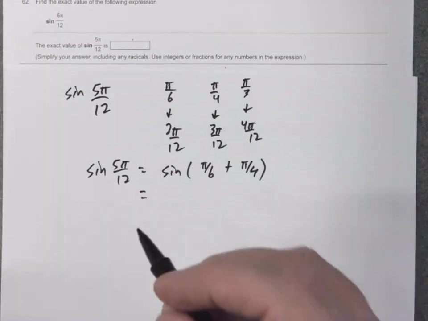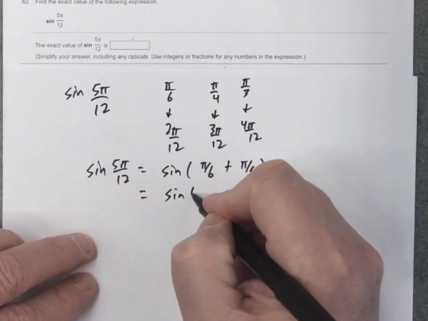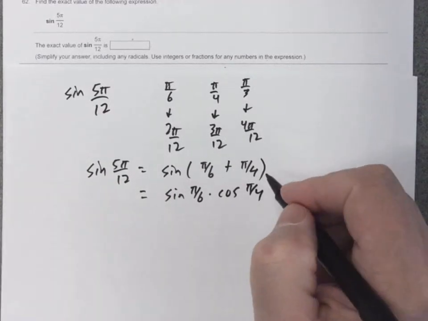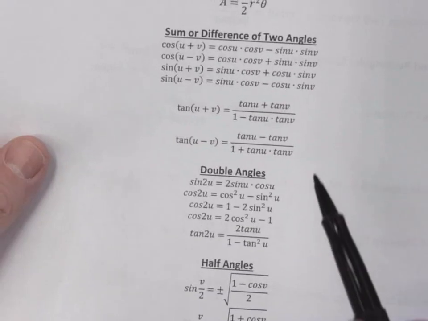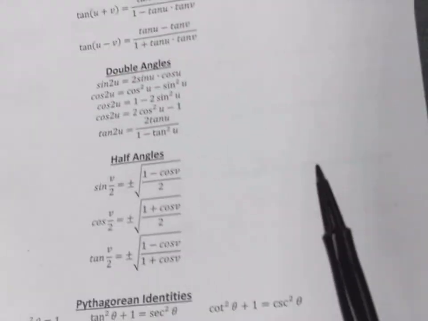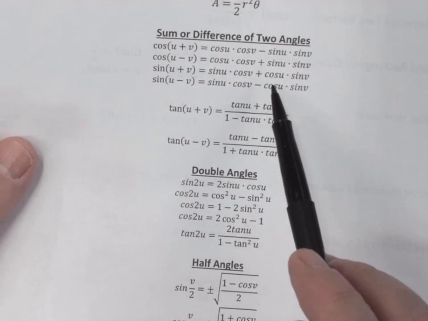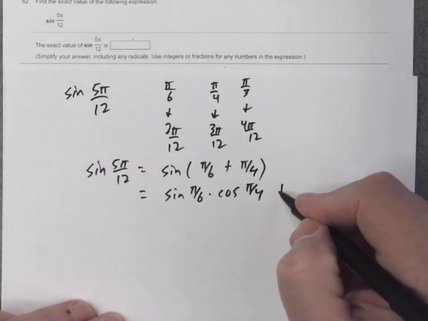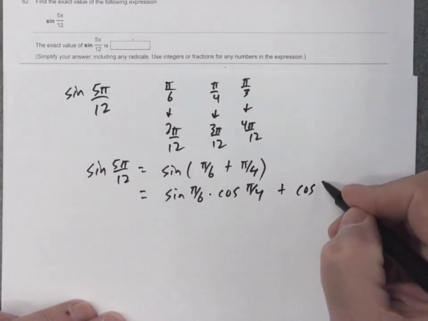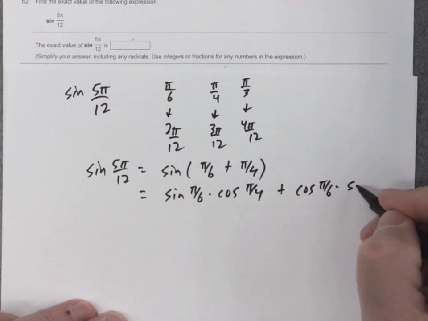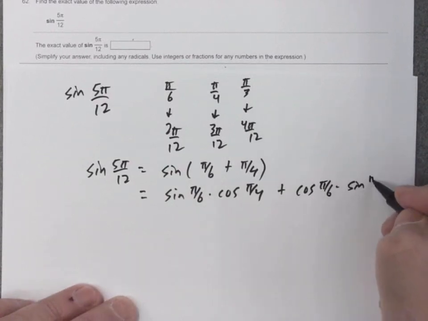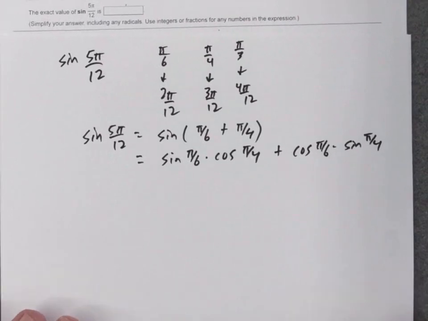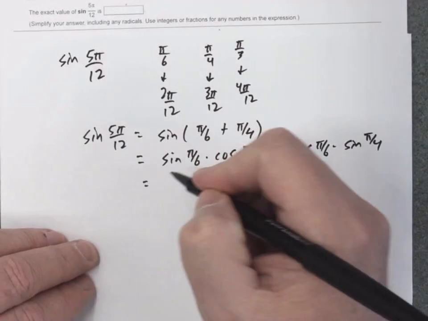So it's sine cosine: sine of pi over 6 times cosine of pi over 4, plus cosine sine: cosine pi over 6 times the sine of pi over 4. Now these are all special angles. Let's see what they equal and try to simplify this.